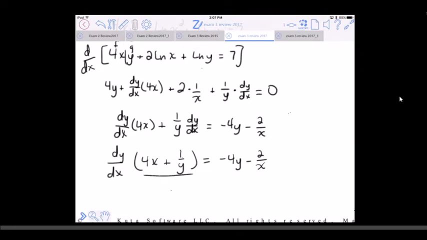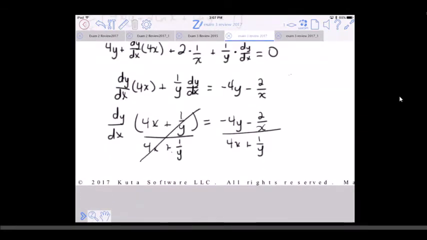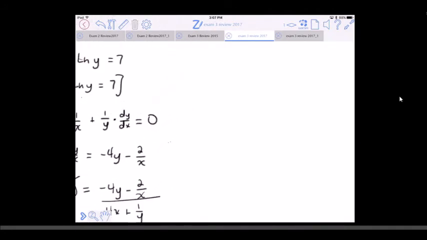And then need to divide by this term to get dy dx by itself. So dy dx equals negative 4y minus 2 over x, over 4x plus 1 over y.